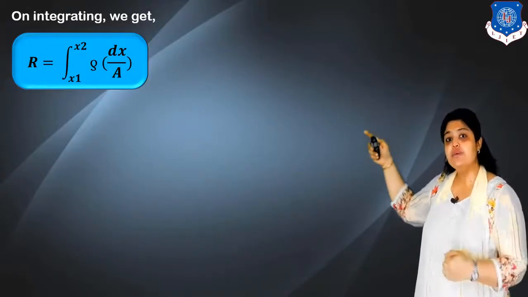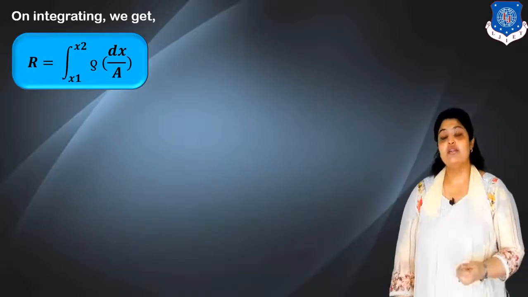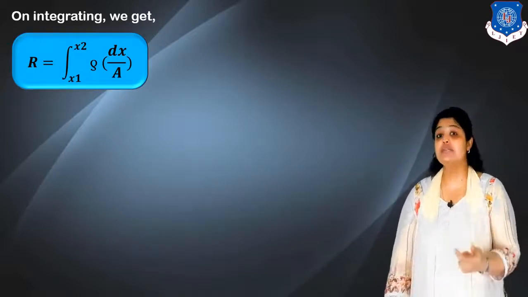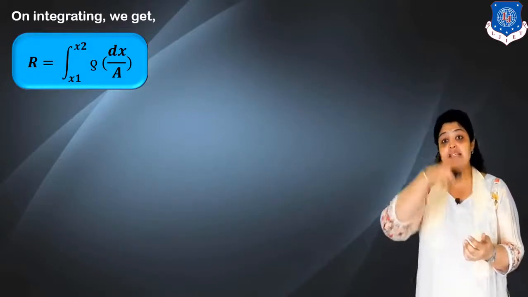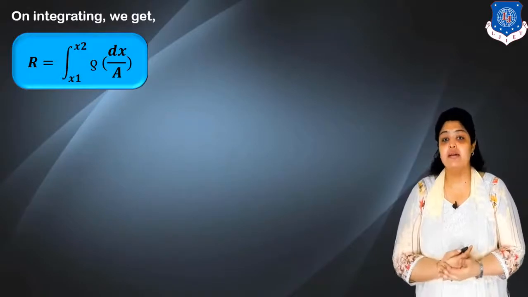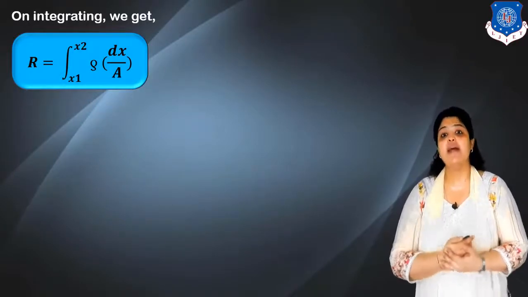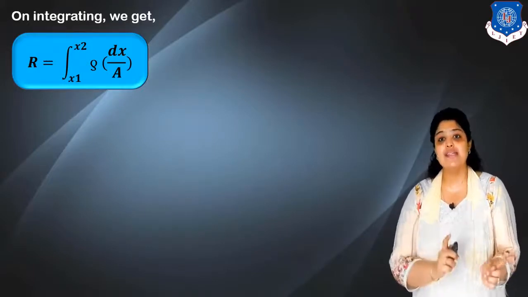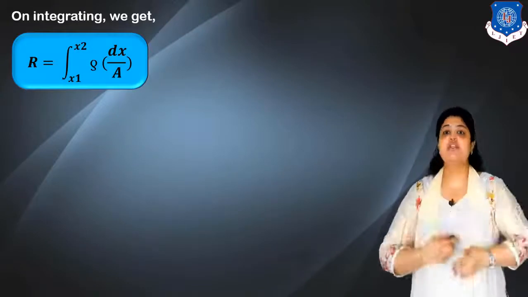So R is equal to integration x1 to x2 rho dx by A. In this equation, we have A, which denotes area. What is the area of a hemisphere? Because the current spreads in a hemispherical manner. Area of a sphere is 4 pi r square and area of a hemisphere is 2 pi x square. We will say x square because x is the distance we have considered while measuring the voltage.